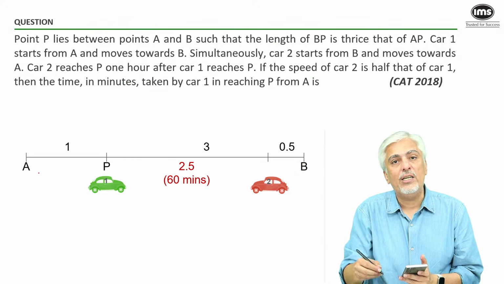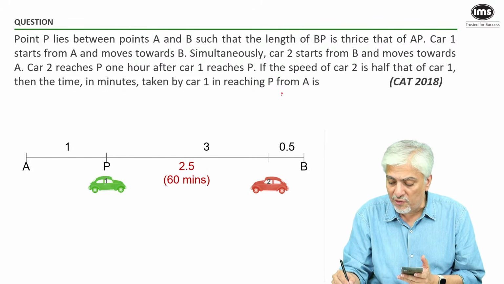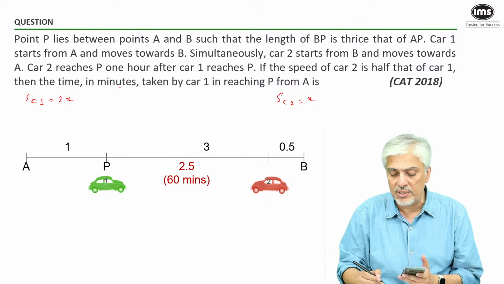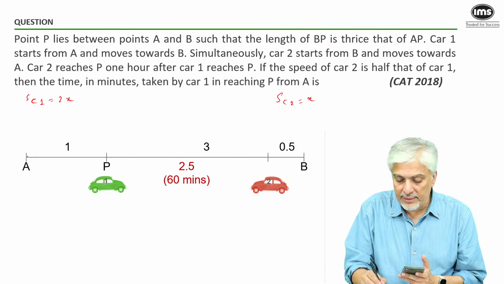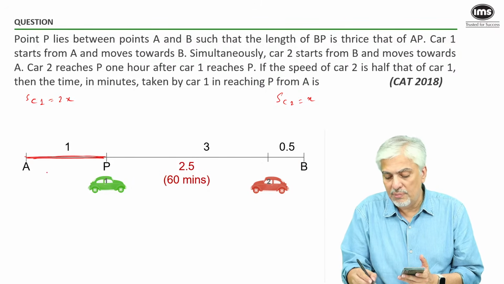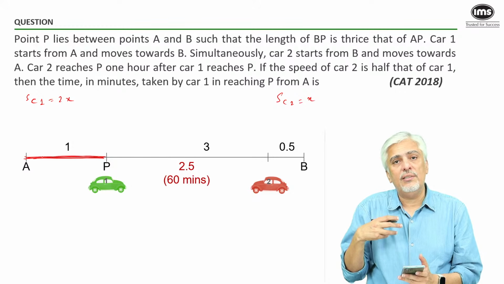Suppose I take the speed of car 2 as x, so the speed of car 1 will become 2x, because they're told half and 2 times, right? Distance from A to P is 1. So what will be the time taken? 1 upon 2x. But anyways, that is the whole logic.